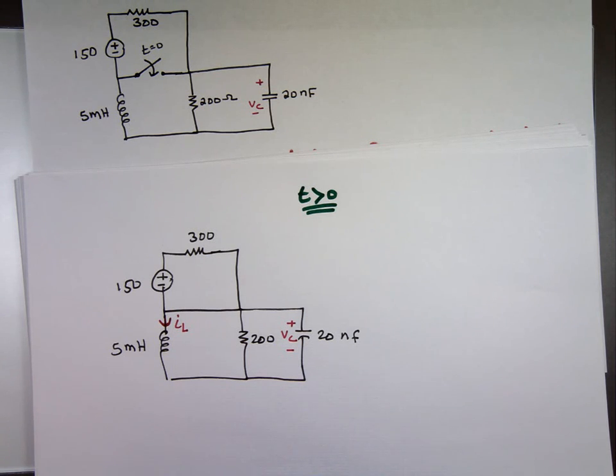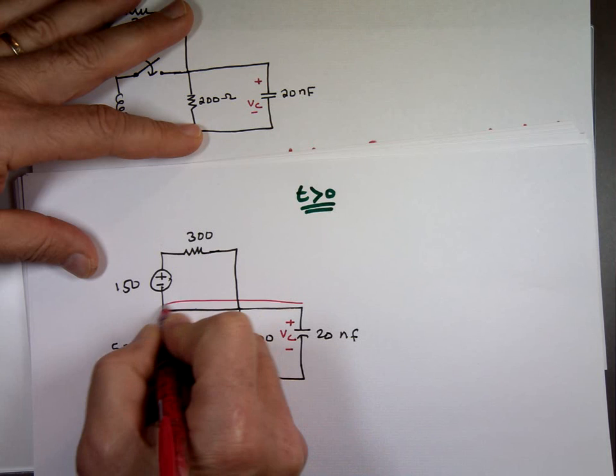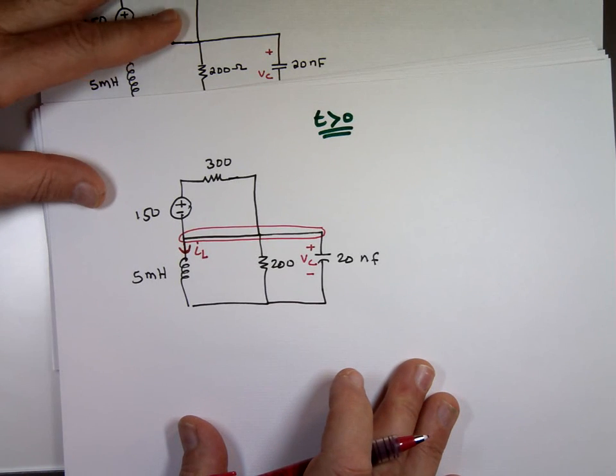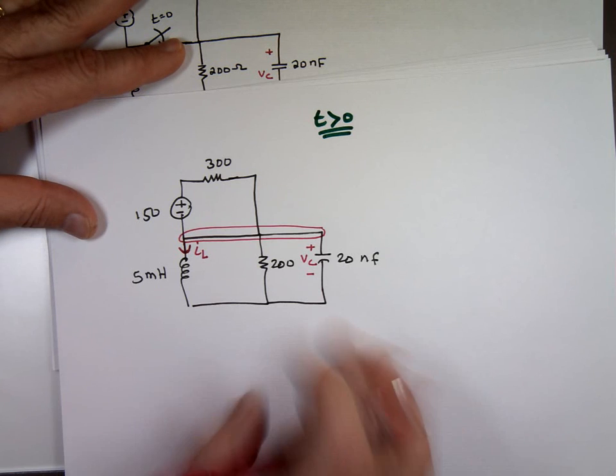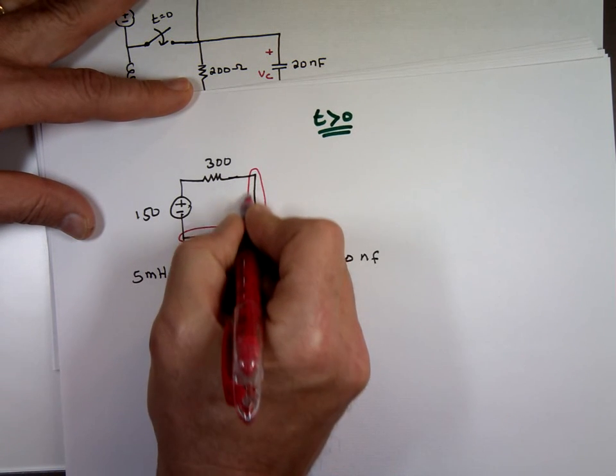Now, I can do KCL here at this node. That's one node. Actually, it goes up if you want to. If you want to include that with it, that's still the same node.